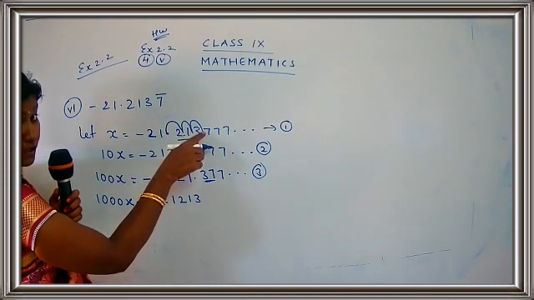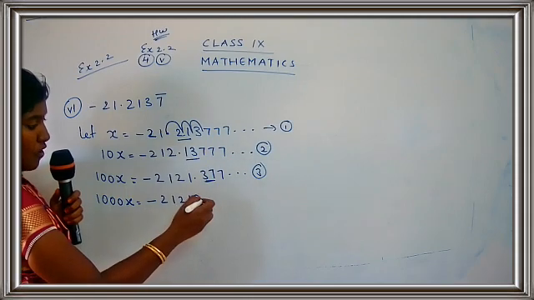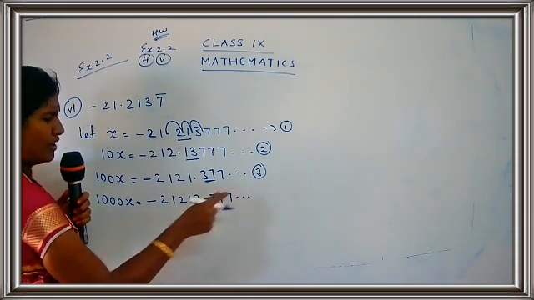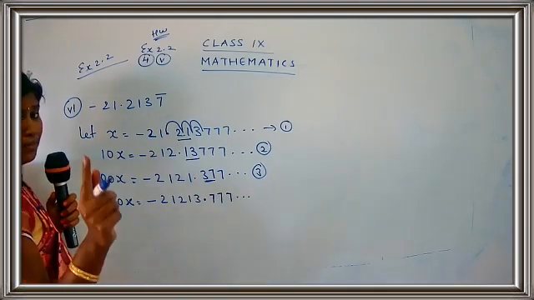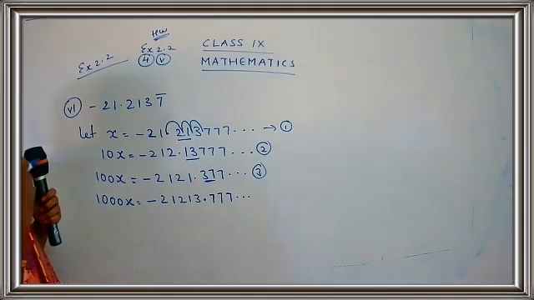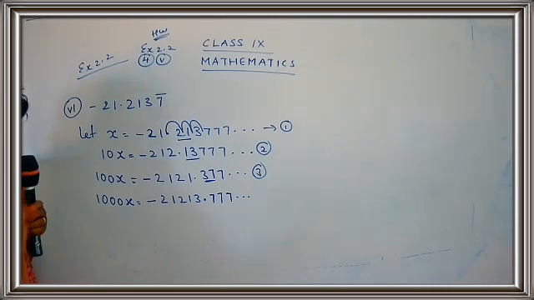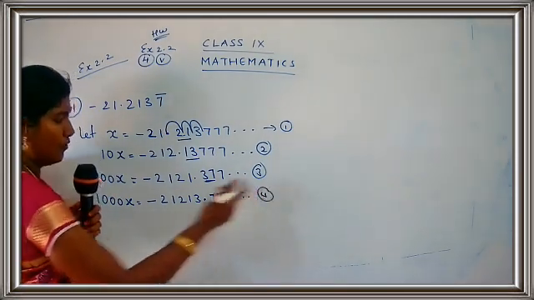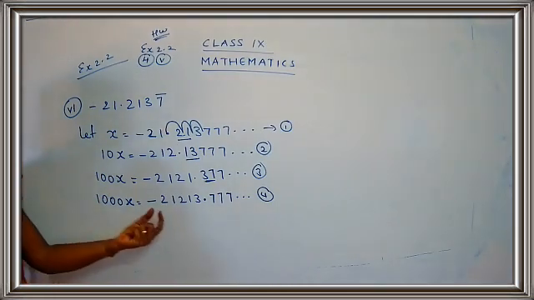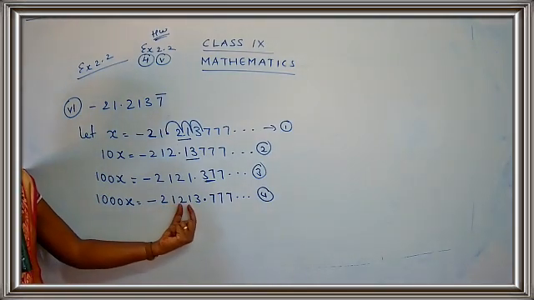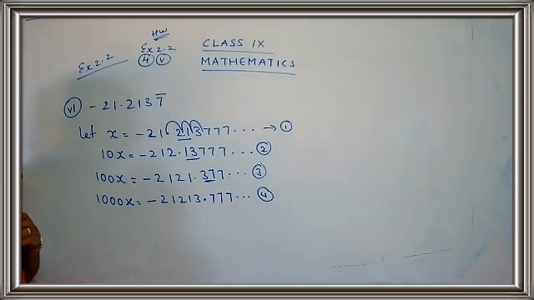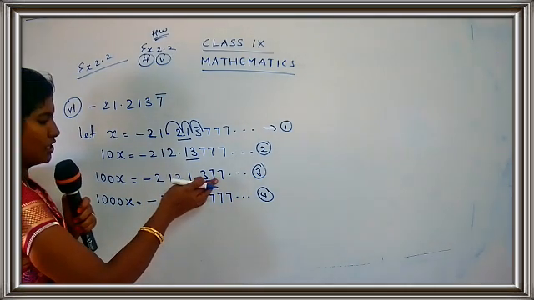The decimal point is going to come here after 3, then 0.777. You can write 2, 3 sevens, it's your wish. I told you the number 7 is repeated, so I can write as many 7s as I like. So what I get is minus 21213.777.